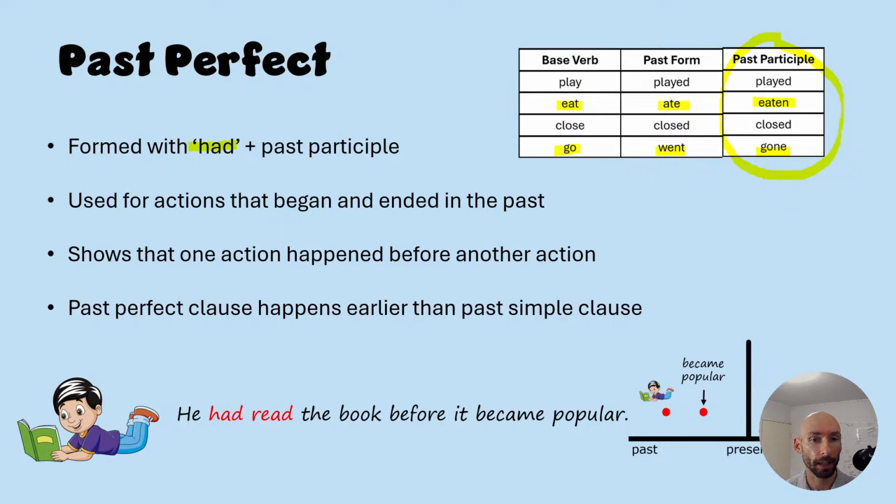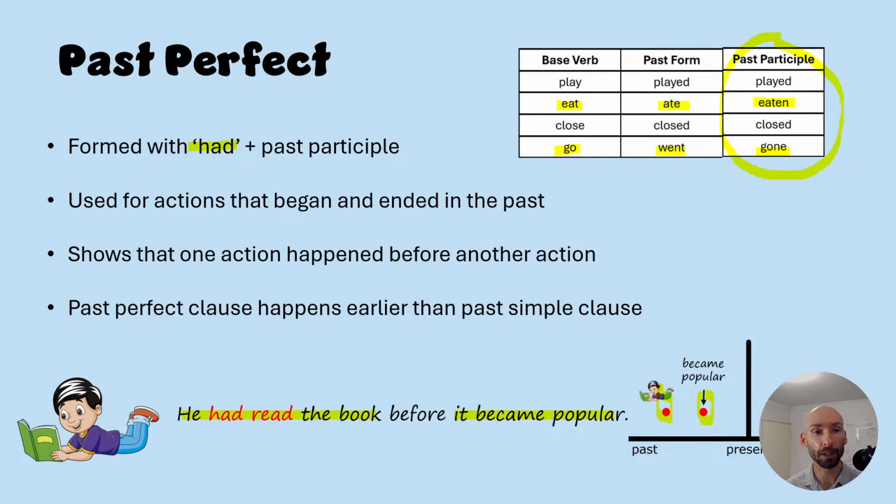Have a look at the chart here. It shows two events in this sentence. In the first clause, which is past perfect, he had read the book. Then it's got a past simple clause, it became popular. He had read the book happened before it became popular.